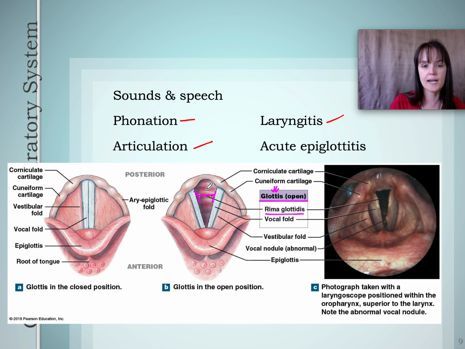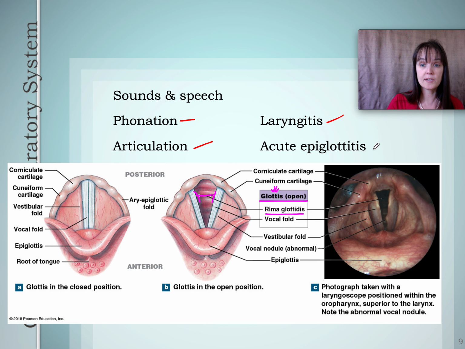So that's how you do that, is by, you have little muscles in here that put more or less tension. Here's what it looks like IRL. Put more or less tension on these little vocal folds. And that's how you change the pitch of your voice. So that's why.